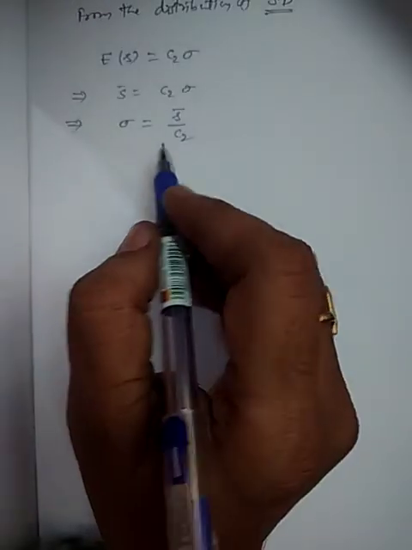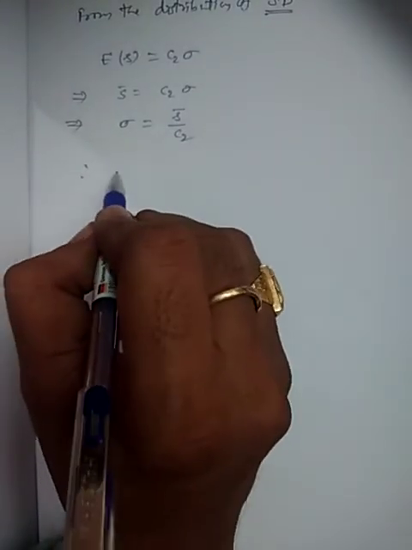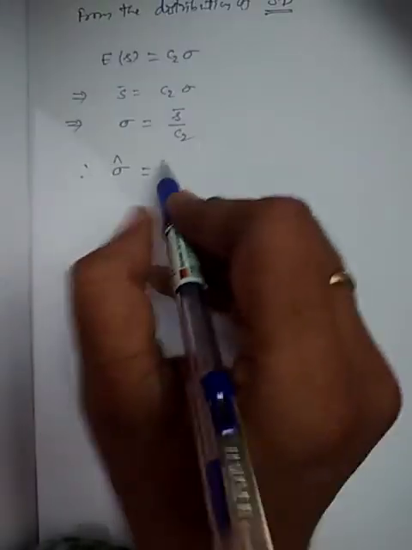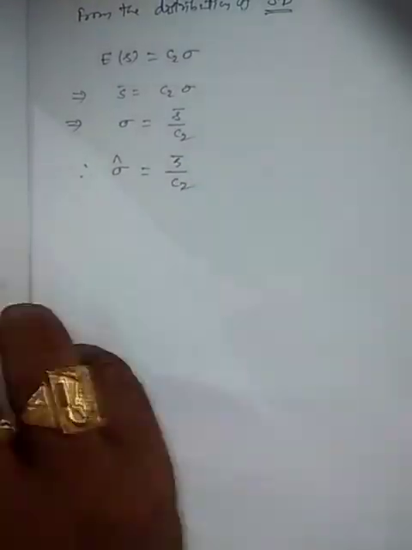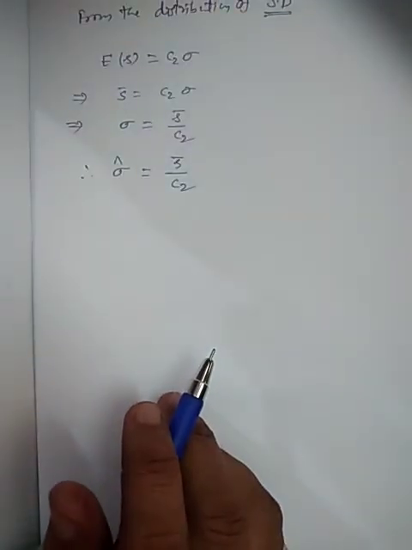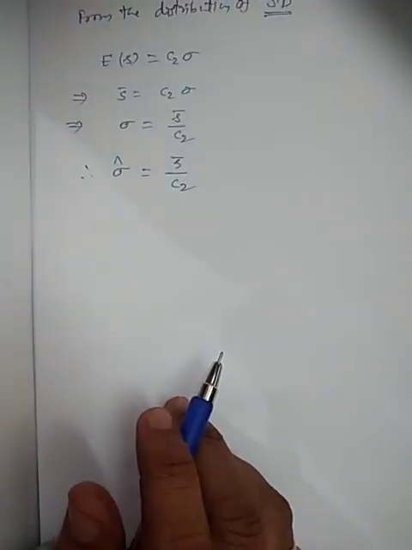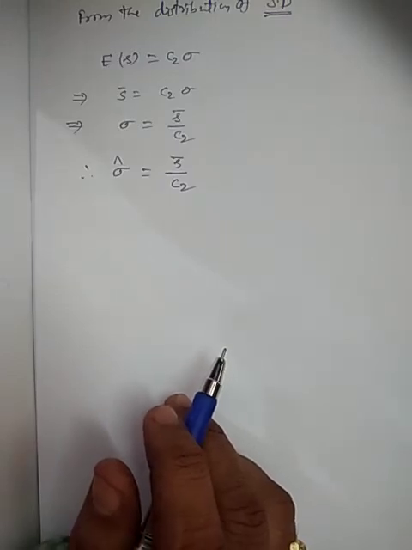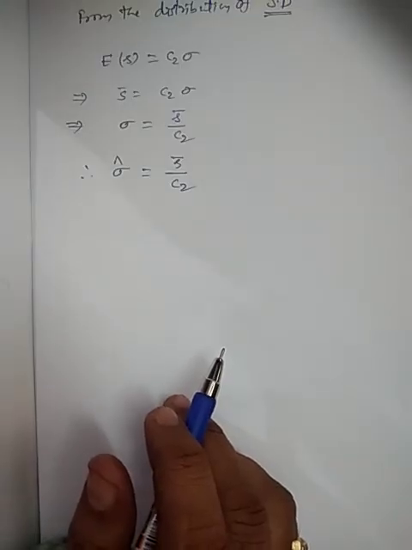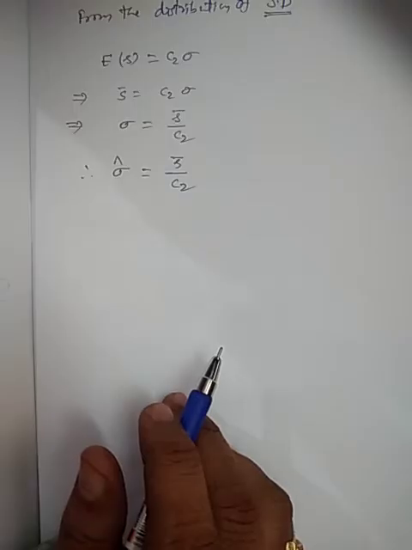This is small s. Therefore, the estimation of sigma is sigma cron equal to S bar by C2. D2 and C2 are constants. You can refer to any textbook to get the values. D2 and C2 are obtained for different values of n from the tables.